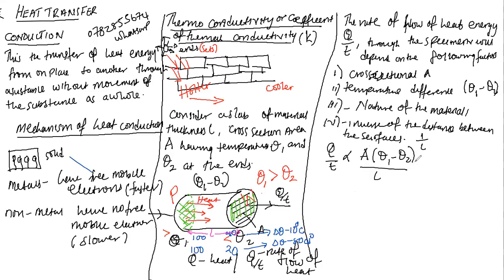So if you remove the proportionality constant, we shall have Q over T equal to K times (theta 1 minus theta 2) times the cross-sectional area A, divided by L. This is the relationship which defines the rate of heat flow or heat transfer in solids or in a conductor. Sometimes it's written like this.